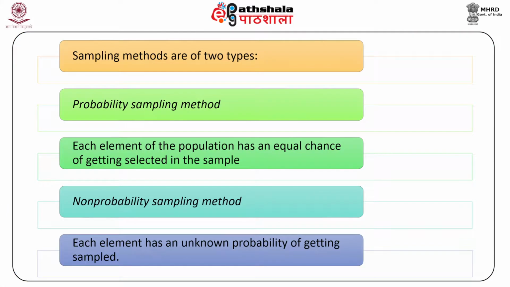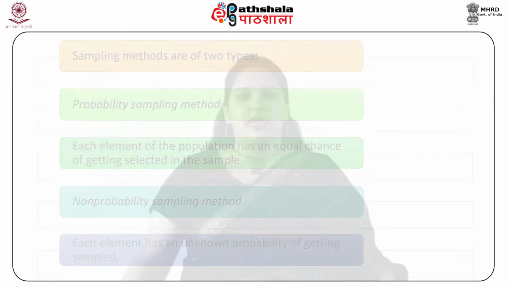Broadly categorized, sampling methods are of two types: probability sampling method, where each element of the population has an equal chance of getting selected in the sample, and non-probability sampling method, where each element has an unknown probability of getting sampled. Another essential question that comes in the way of statistical procedure or measurement development approach is sample size.